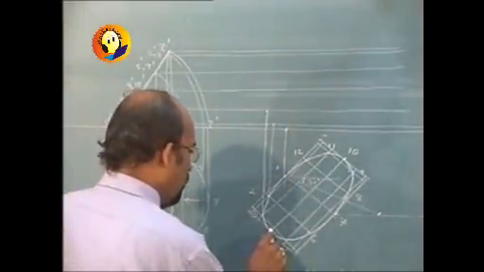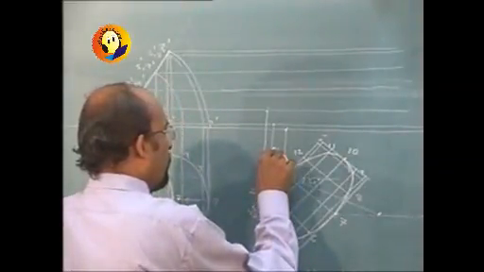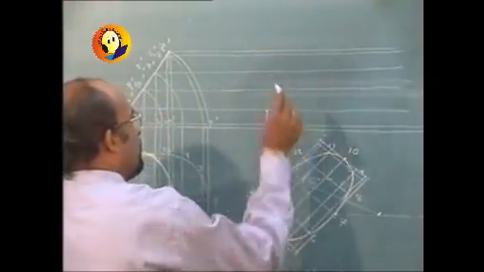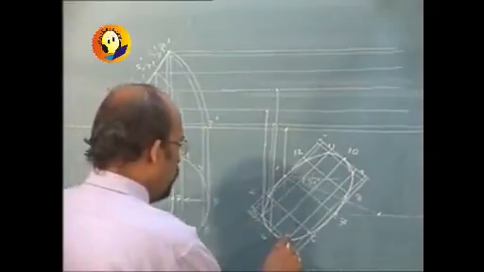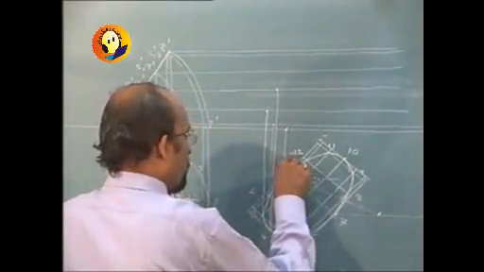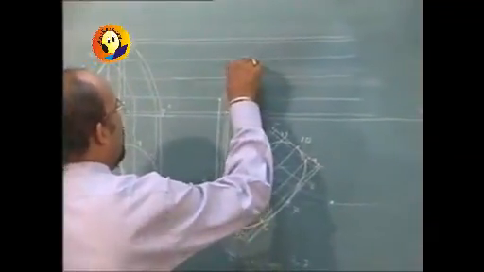Projector through point 4, up to path of 4. Projector through point 5, up to path of 5.